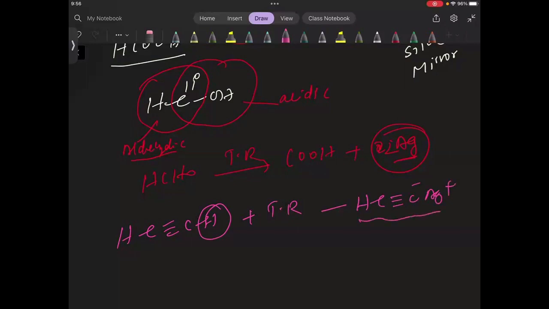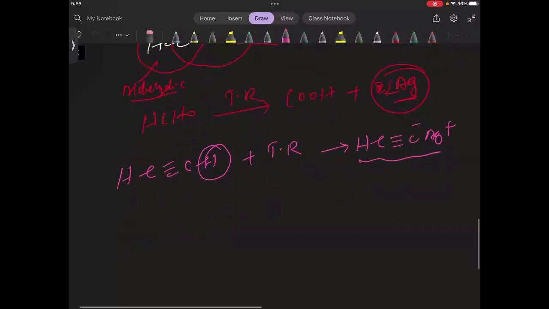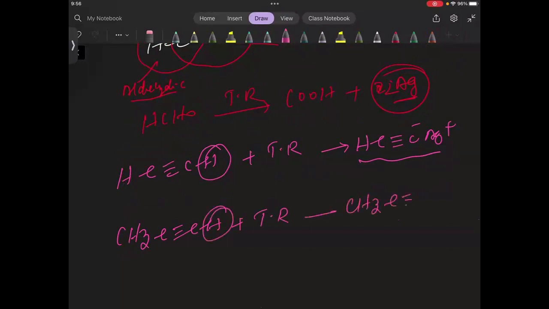So it gives the Tollens reaction, but not the Tollens test. Therefore we say positive Tollens test. I hope you understood. Similarly, CH3, C triple bond CH, because acidic hydrogen is there, will react with the Tollens reagent and form C triple bond C negative Ag plus.